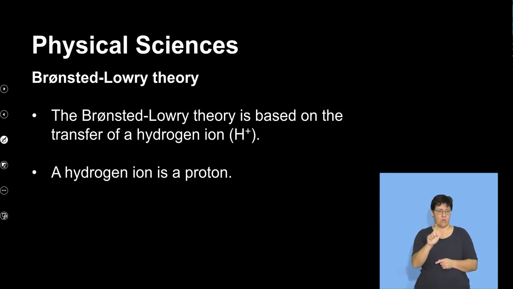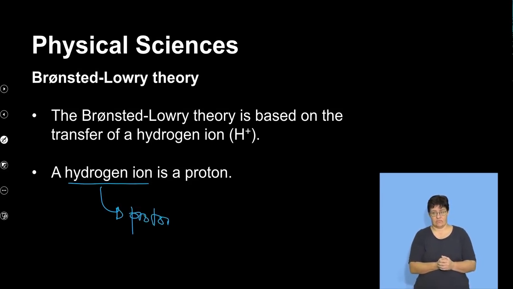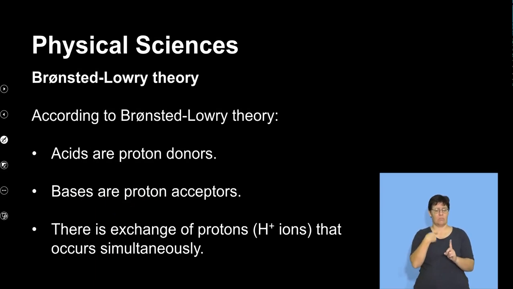So Bronsted theory says that an acid is a substance that is a proton donor. This hydrogen ion we would refer to as a proton. Okay, right. So according to Bronsted-Lowry theory, any acid, because all acids contain at least a hydrogen atom, is able to donate this proton, which is the hydrogen ion, right?